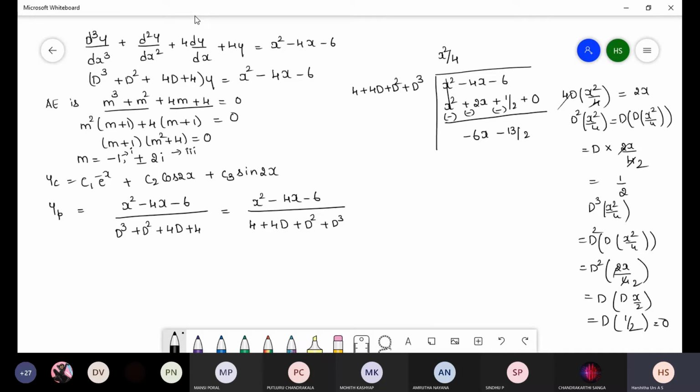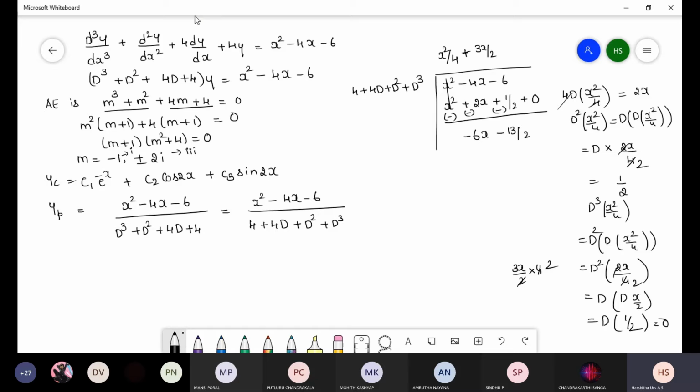Now, to get 6x we have to multiply 4 with 3x by 2. Why 3x by 2? Here I write 3x by 2 into 4. 2 ones are 2, 2 twos are 4, so here we get 6x. Like that we have to multiply.